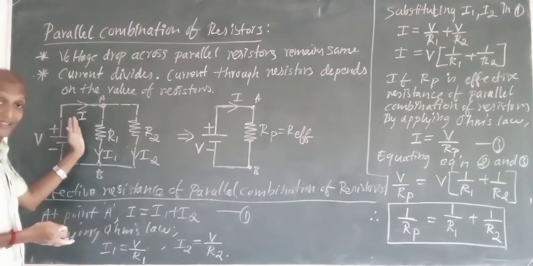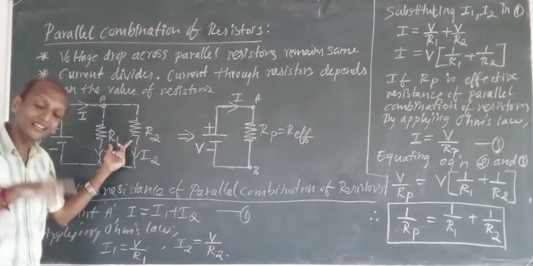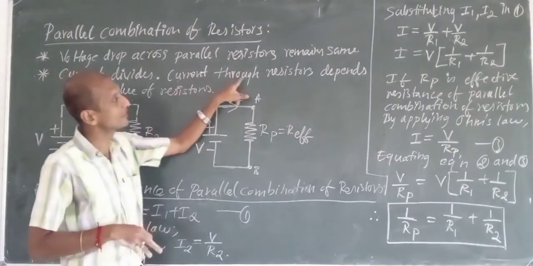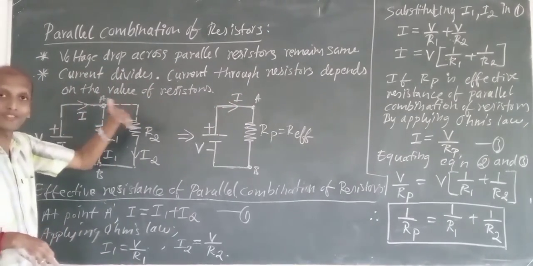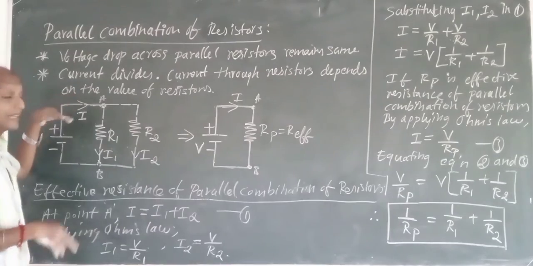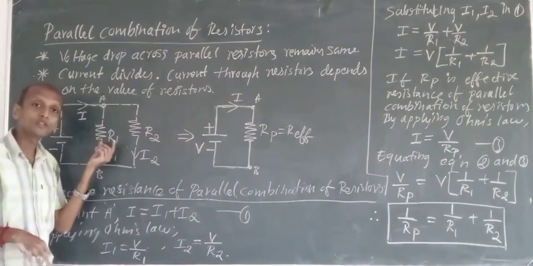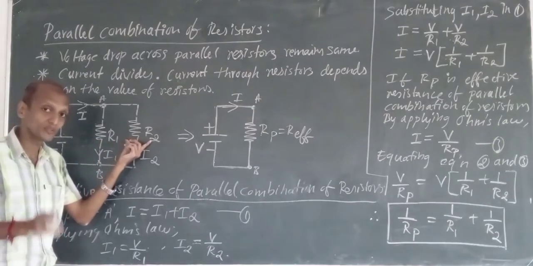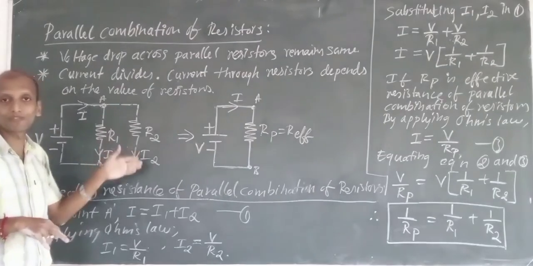I can be divided into two parts, and those two parts depend on the value of the resistor. The value of this resistance and the value of this resistance will decide how much current will flow here and how much current will flow here.